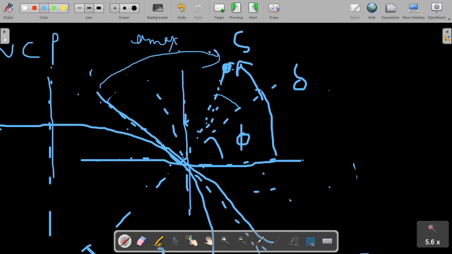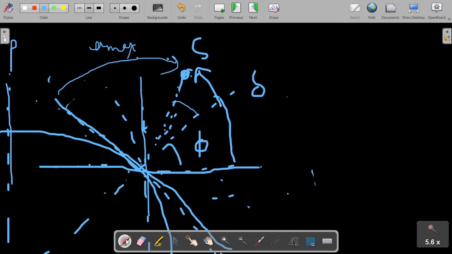Zenith distance is basically the angle made from the zenith, or 90 minus altitude, just for the sake of clarity. This is 90 minus A max. This is delta. This is phi.